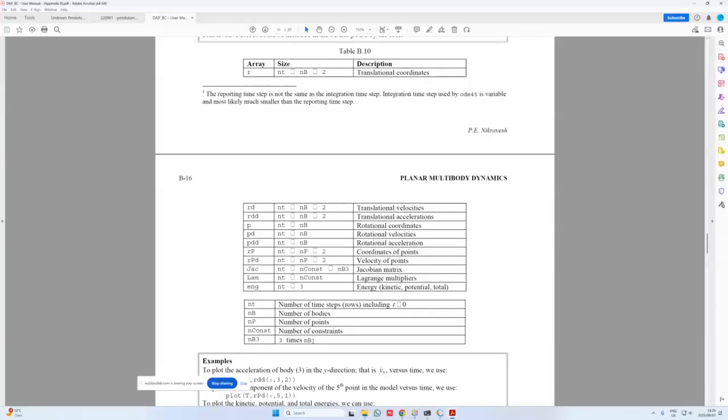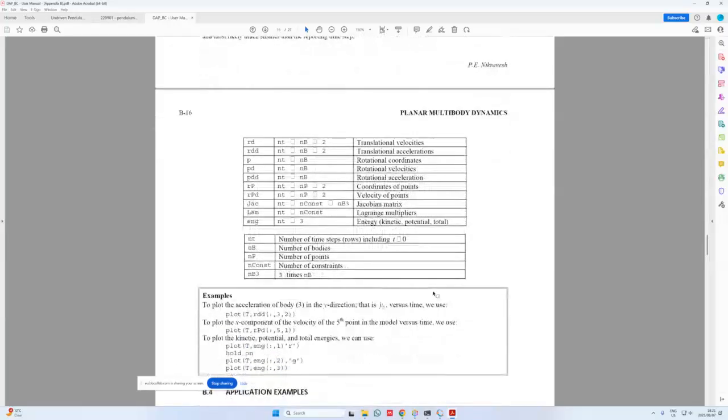So NB3 is simply 3 times NB, and this has to do with the number of degrees of freedom that each body has. Furthermore, I have the Lagrange multipliers, which is the number of time steps by the number of constraints that I specify on the system. And then Eng is simply the number of time steps by 3, so this is the energy. And the 1, 2, 3 elements specify the kinetic, the potential, and the total energies.